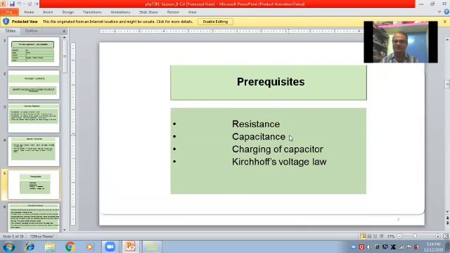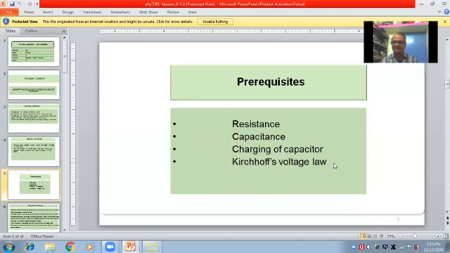The capacity of storing charges by a capacitor is called capacitance. Now, the charging of a capacitor: when some voltage is applied to the plates of the given capacitor, the charges will start storing on the plates of the capacitor. Then we say that the capacitor is charging. This is the meaning of charging of the capacitor.